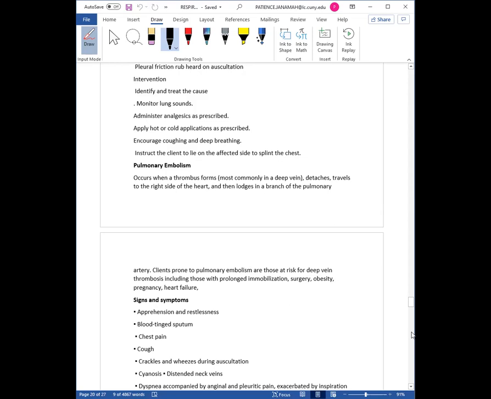Clients prone to pulmonary embolism are those at risk for deep vein thrombosis, including those with prolonged immobilization, surgery, obesity, pregnancy, and heart failure. So this one is just a formation of thrombus in the lungs. A thrombus is formed, a substance that forms in the lungs that will prevent you from breathing.